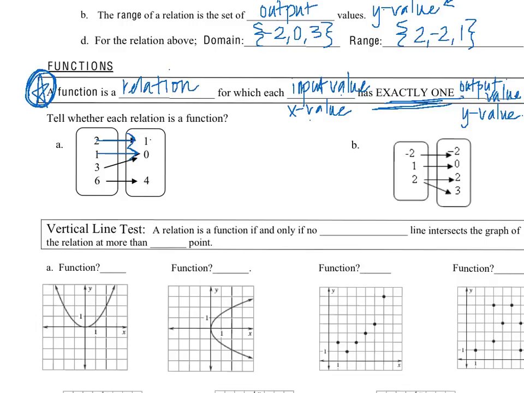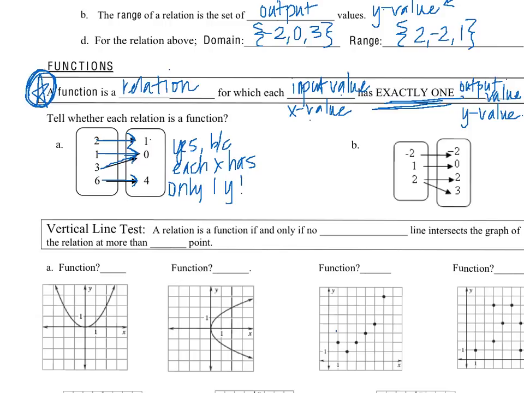For the 3, I should only have one arrow going to a y value. And for the 6, I should only have one arrow going to the y value. And the idea is each x only goes to one y. Because we had one arrow coming off each number, we can say that yes, this is a function. Okay, and I would say yes because, I'm going to shorten this, each x has only one y. That's the easiest way, definition-wise, to talk about a function.